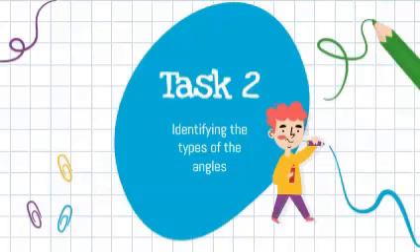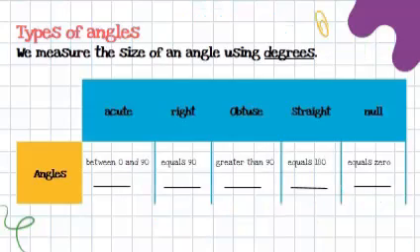Now let us start with task 2. We already identified what an angle is and what the elements of the angle are. Now we are going to identify the types of angles. As you can see, an angle could be acute, right, obtuse, straight, or null. First of all, we measure the angle using degrees.